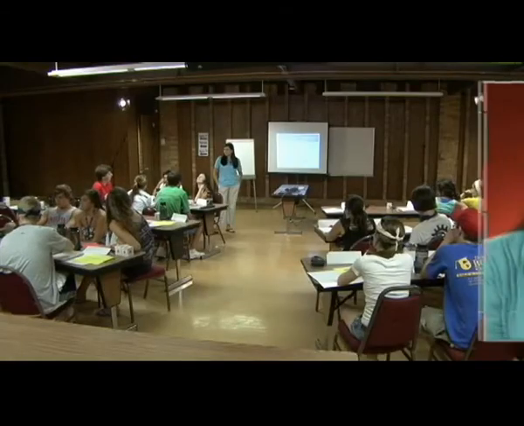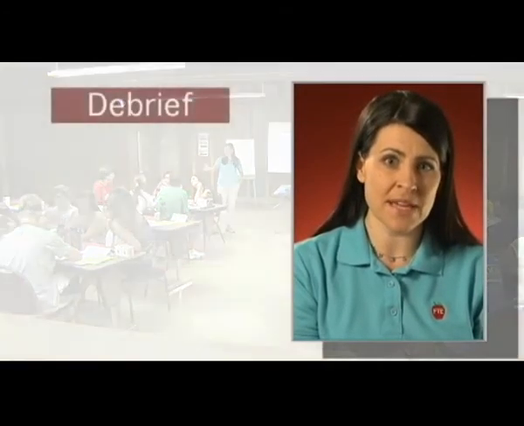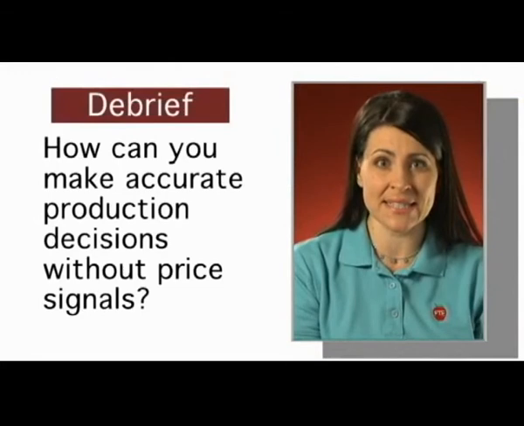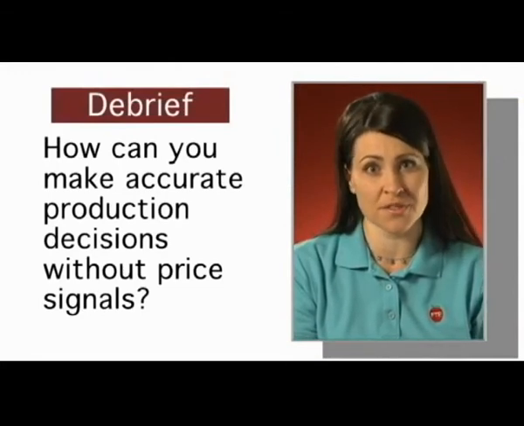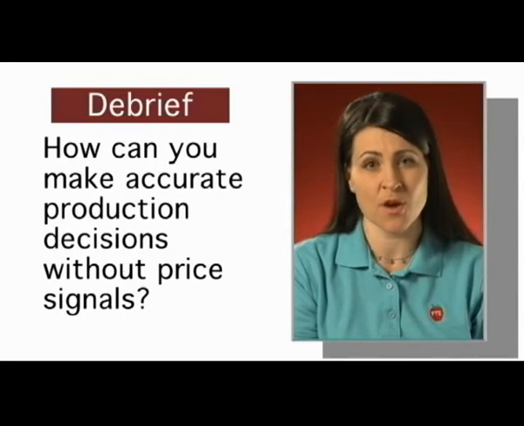When debriefing this activity, return to the concept of incentives and the role that prices play as incentives. Point out a common thread among all these mysteries, that common thread being how hard it is to make decisions regarding what should be produced, how it should be produced, and even how much should be produced when price signals are missing.